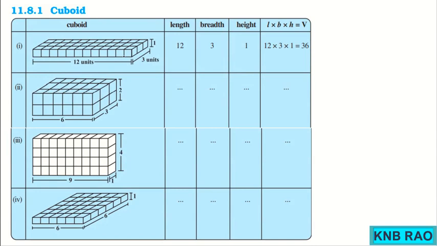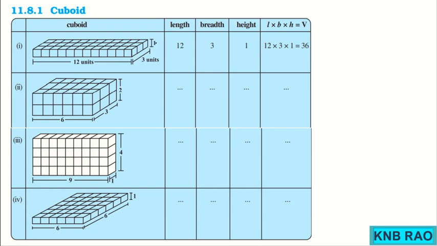Here is a cuboid having 12 unit cubes along the length, 3 unit cubes along the breadth, and only 1 unit cube as the height. That means no cubes are kept one over the other.